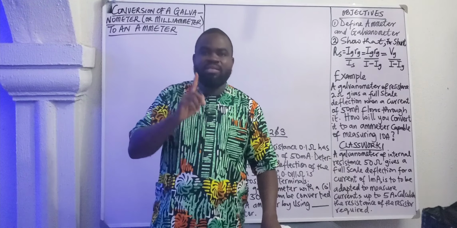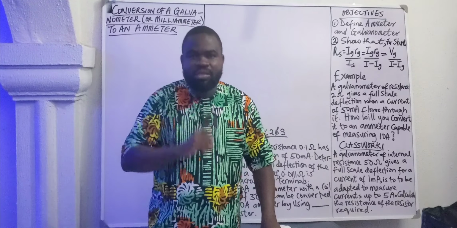In fact, an idealized ammeter has zero resistance. Then, the galvanometer or milliammeter can be converted into an ammeter by connecting a low resistance device called a shunt in parallel to the galvanometer. Let's take those points down.